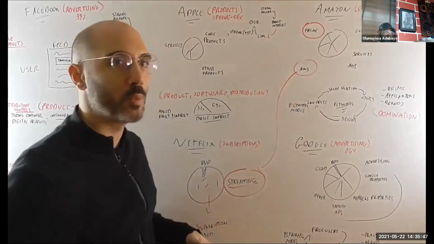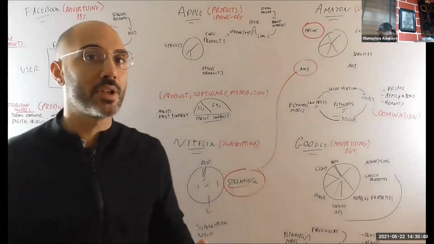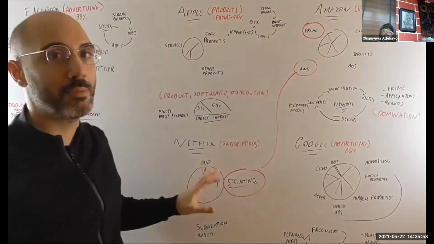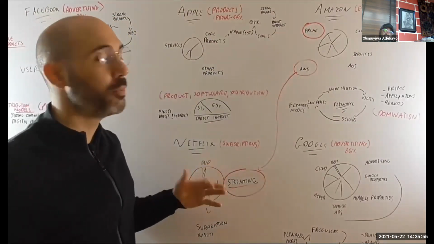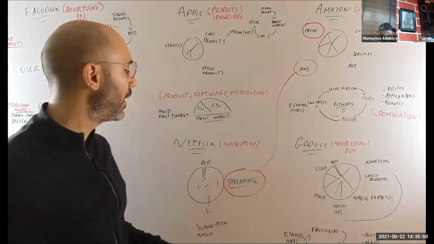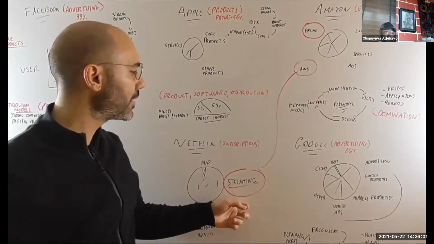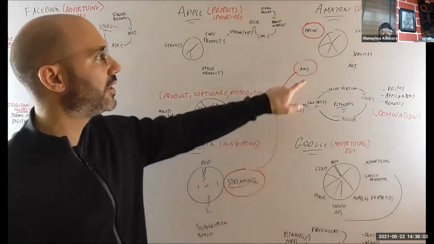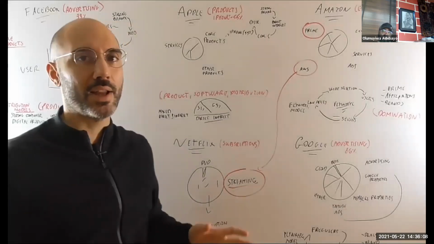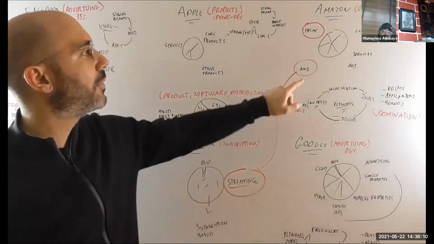Yet if you look at Amazon and Netflix, while those companies are competitors in trying to grab customers with the Amazon Prime and Netflix streaming platforms, on the other side they are also cooperating, where the streaming platform of Netflix is using the AWS of Amazon as one of the major clients of the platform.